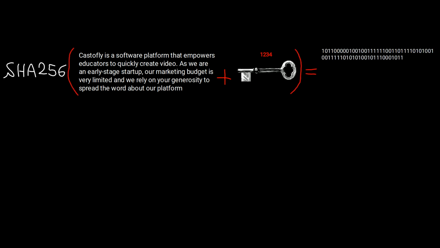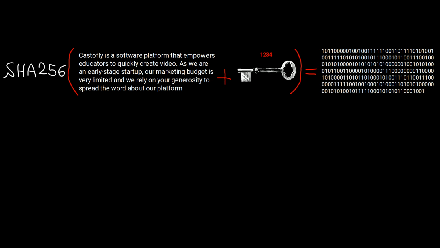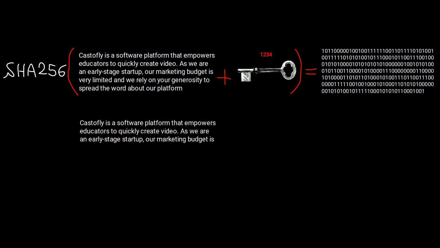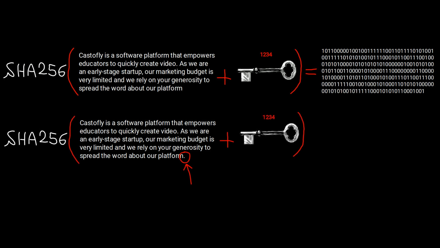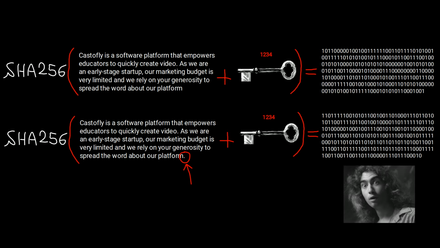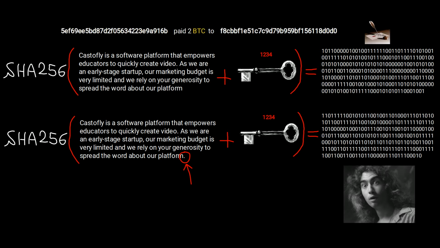I combine that with my private key, and here is what I got if I apply the magic SHA-256 function. Now, if I change the message slightly, just by adding a dot at the end with the same private key, I'm going to get something that is completely different. That's the beauty of digital signatures that we use to sign our transactions.